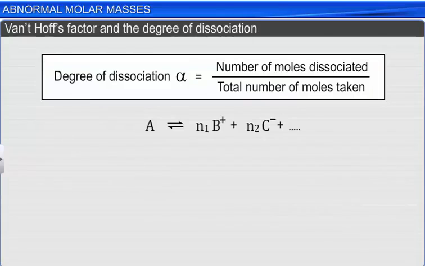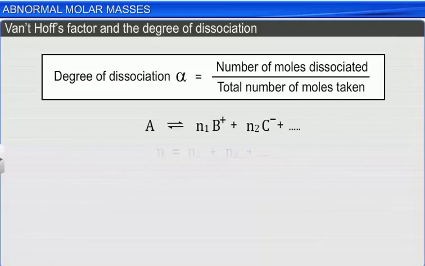Suppose one molecule of electrolyte A gives n number of ions on complete dissociation. That is, in general, A dissociates to give n1 moles of B plus n2 moles of C plus and so on, such that n1 plus n2 plus and so on is equal to n.